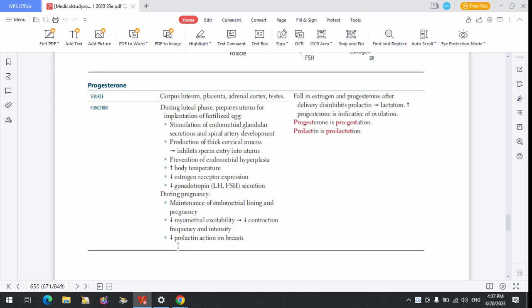Then, just like estrogen, it also suppresses the action of prolactin on the breast. Just like I've mentioned too, the fall in estrogen and progesterone after delivery disinhibits prolactin, so that prolactin can now act. That inhibitory effect is lost. Prolactin can now act and stimulate lactation.